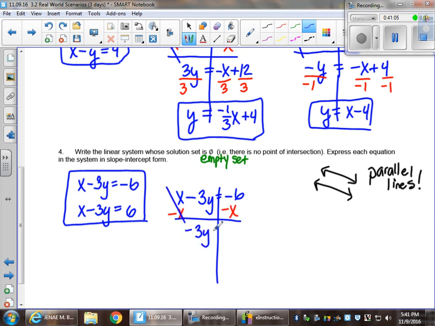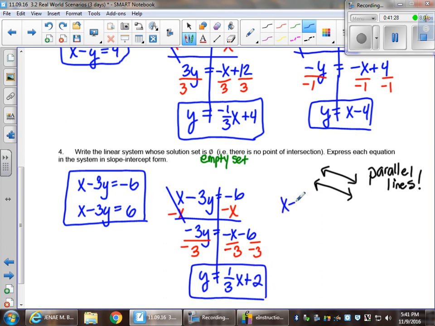Negative 3y equals negative x minus 6. Divide everything by negative 3. Negative divided by negative is positive. So positive 1/3 x, negative 6 divided by negative 3, positive 2. There's one.